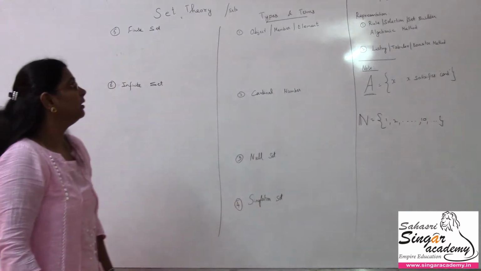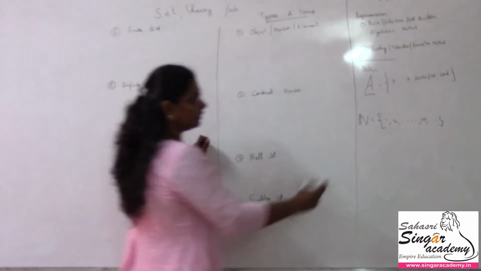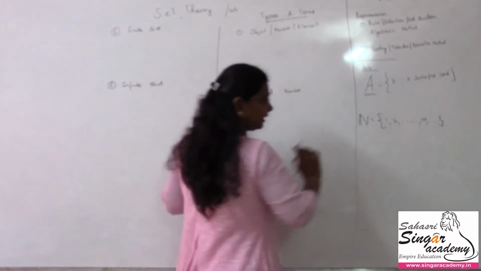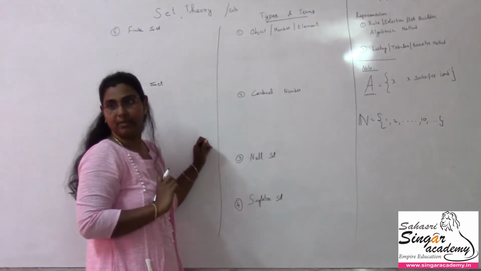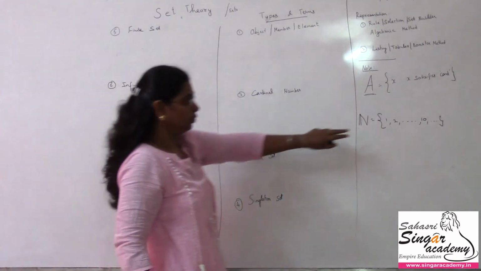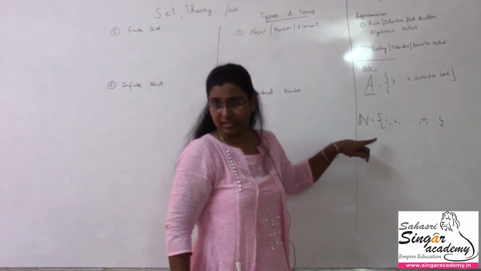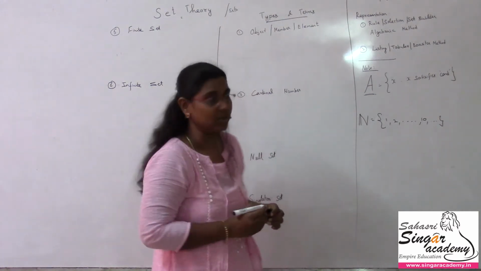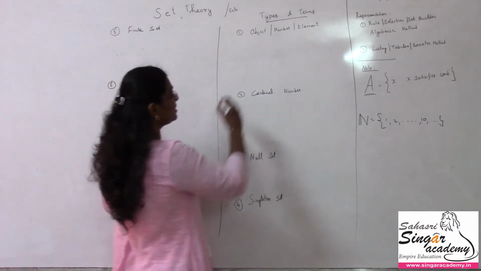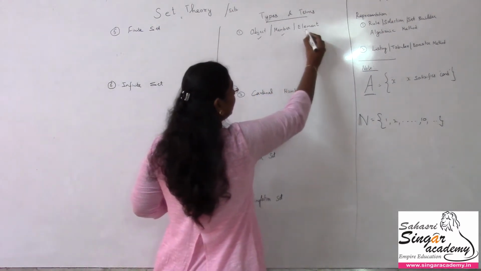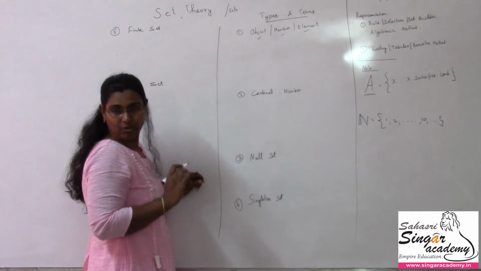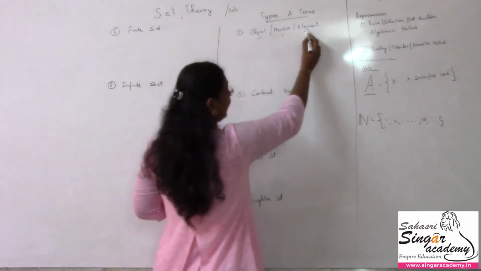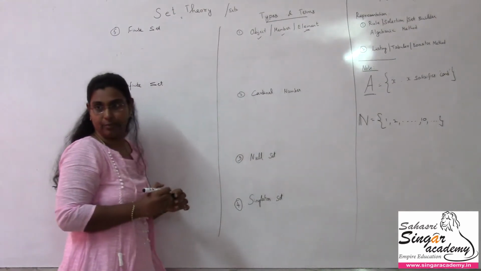If 2 is present in it, we'll call this 2 a member. 0 is not present in this set. We'll not call it a member. It does not belong to N. So we use the terms object, member, element. The more common word related to sets is element. 2 is an element of N.